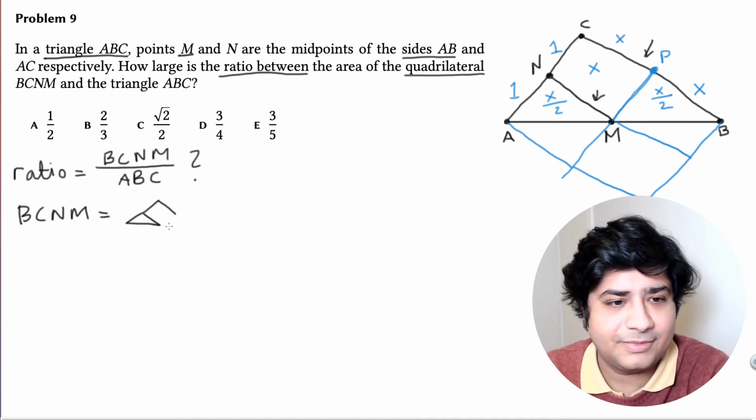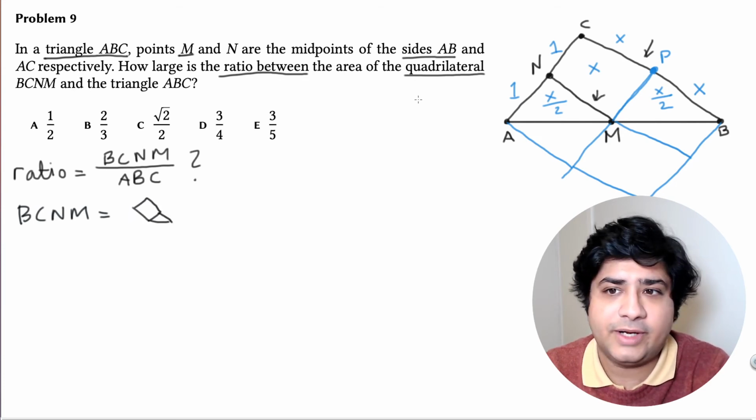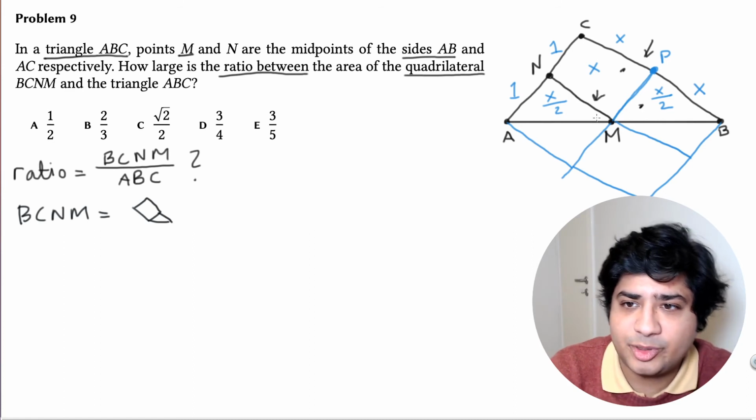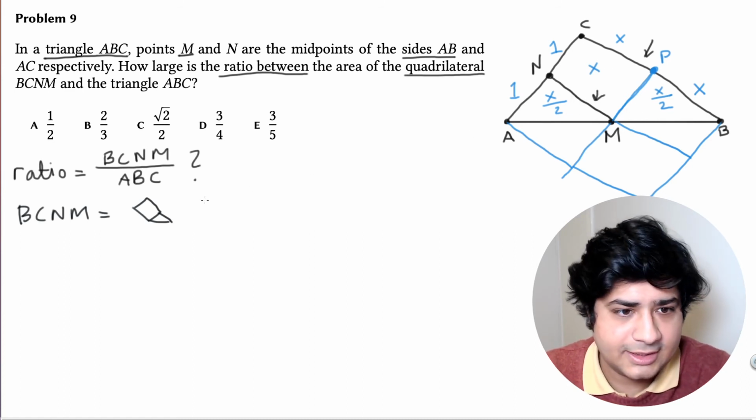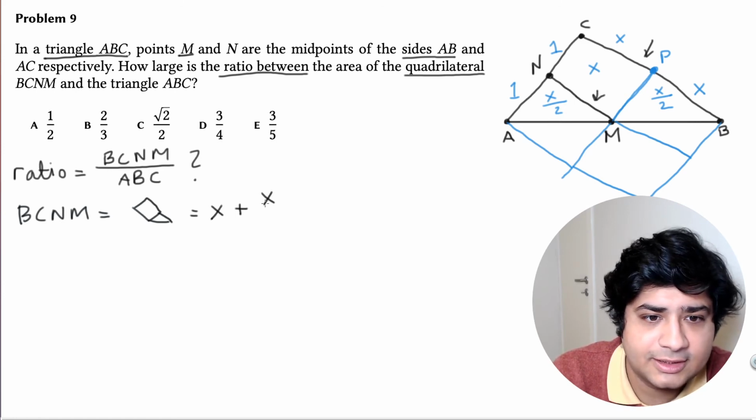Oops, sorry, my bad. Not that first triangle. It's just this and this. Right? It's this part and this part. Okay, so that, we figured out, is x plus x over 2.